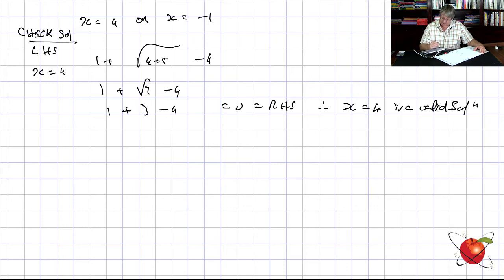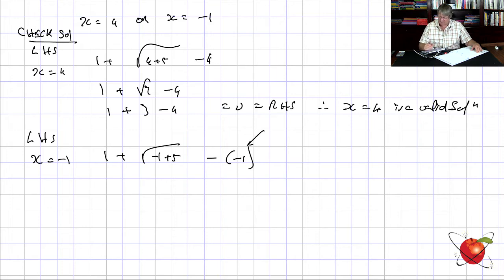I still have to check x equals minus 1. Left hand side for x equals minus 1. And we go 1 plus root of (minus 1 plus 5), minus (minus 1).